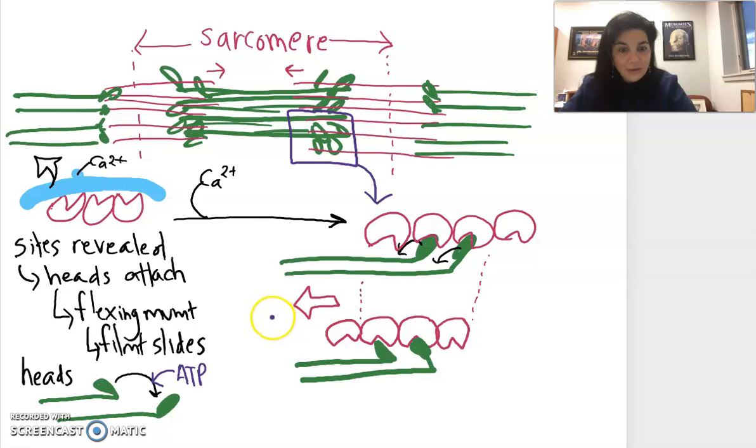And that's how we have the sliding of the filaments over and over and over until we reach a maximum point. And that's what happens during the muscle contraction part.